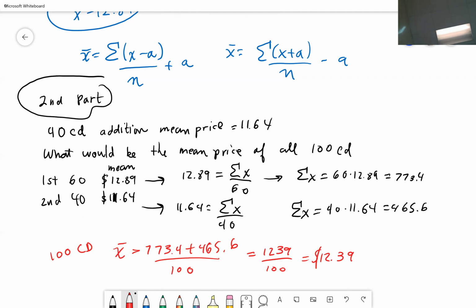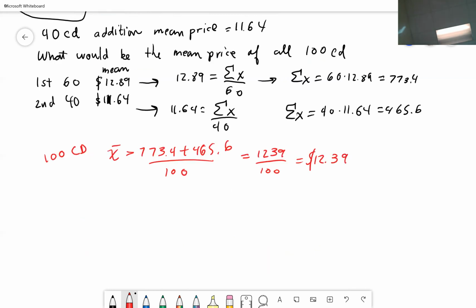All right, guys, let's go ahead and talk about question number 6 quickly. Question number 6 asks you to calculate the mean.